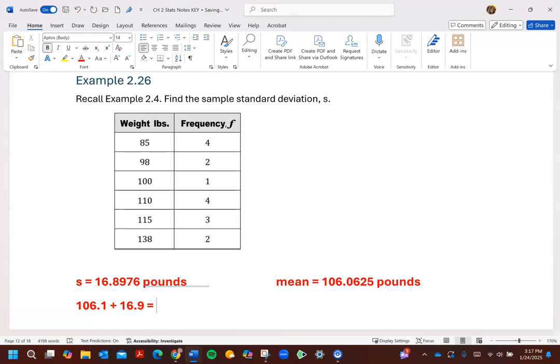So that would be 123 for one standard deviation above the mean.